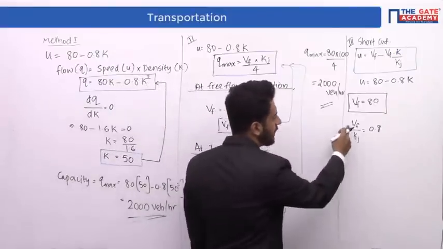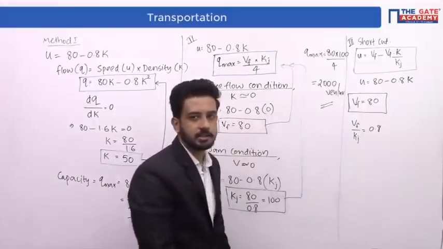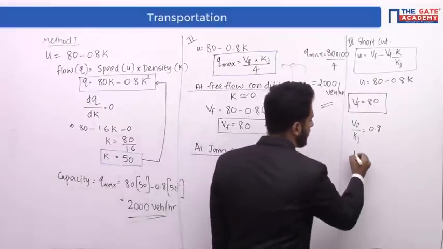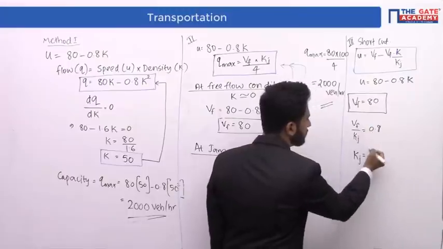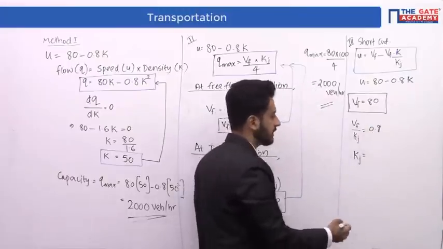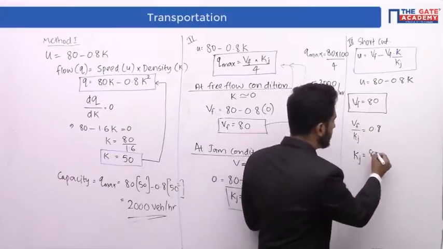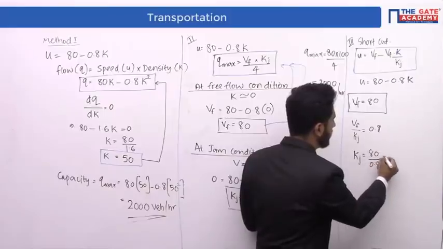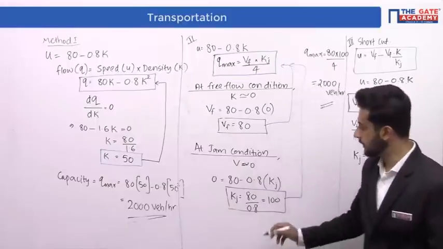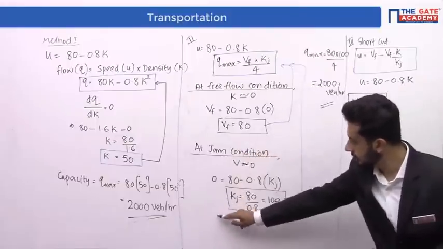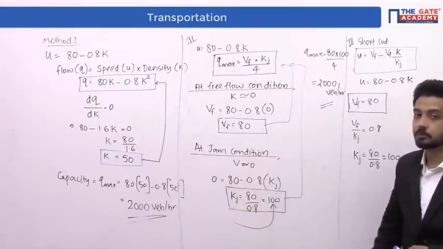So Vf I already got as 80. Now what will be Kj? Kj will be Vf divided by 0.8. Correct? So 80 divided by 0.8. So directly I am getting Kj equal to 100. See, finally here we got Kj equal to 100.